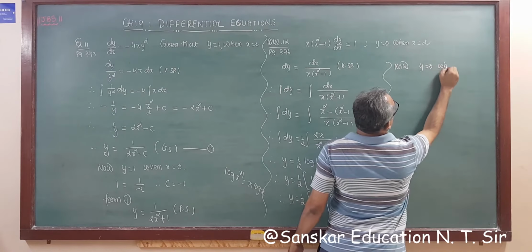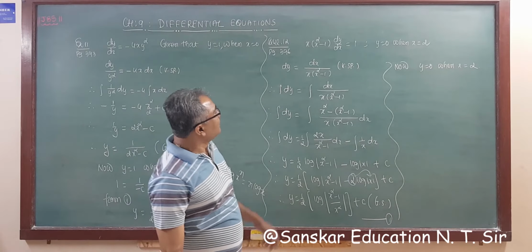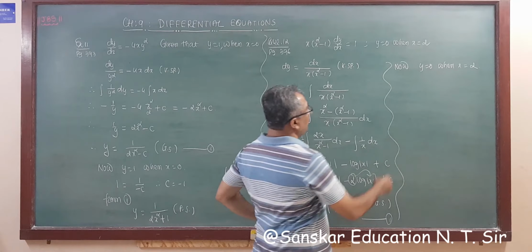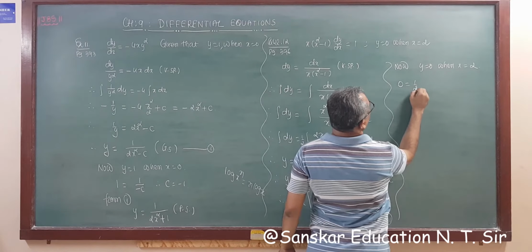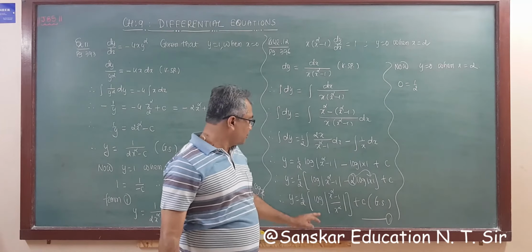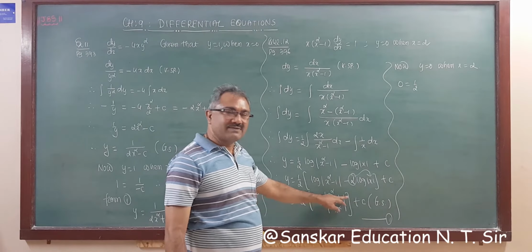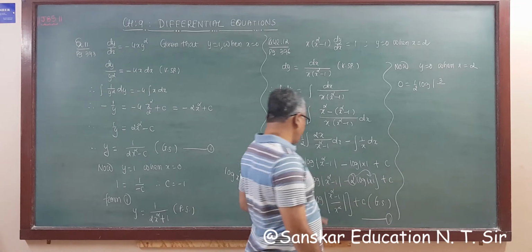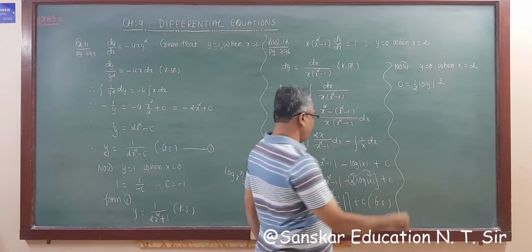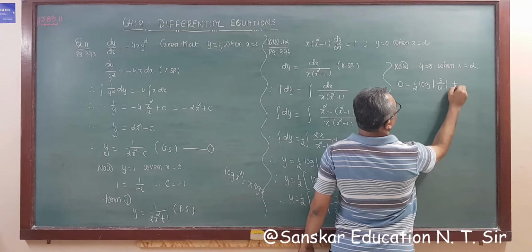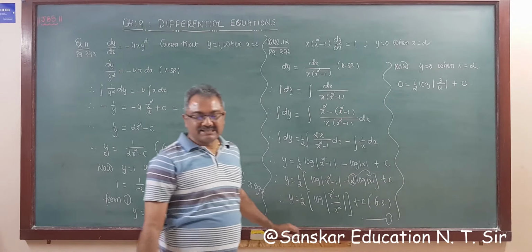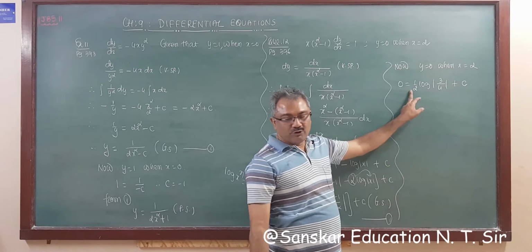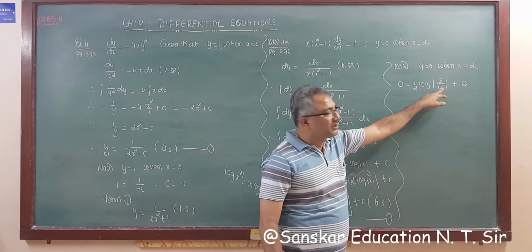Substituting the value of y equal to 0 here, we get 0 is equal to 1 upon 2 log of, now x is 2, 2 square is 4 minus 1 is 3, so log 3 upon x square is 4, plus c. So what is your c? C is equal to minus half log 3 by 4.